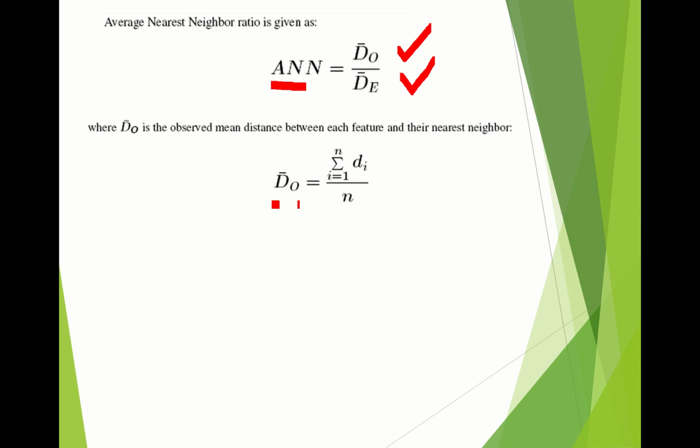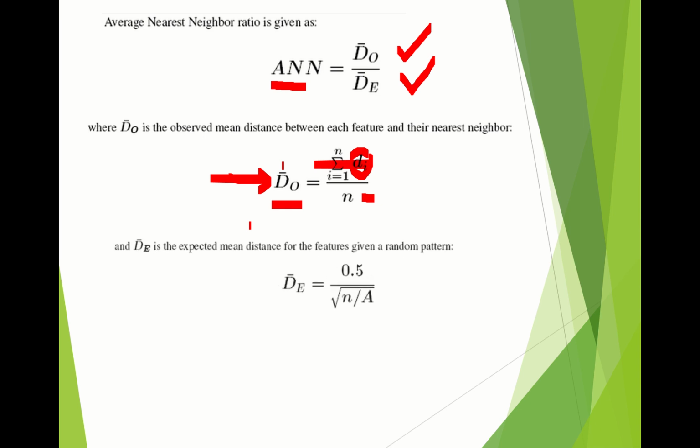To calculate the observed distance, you're taking the distance between all of the neighbors and the point in question, adding them all up, and dividing by the number of points. So basically taking the average. That line above the D indicates average. So this term right here is our average observed distance.